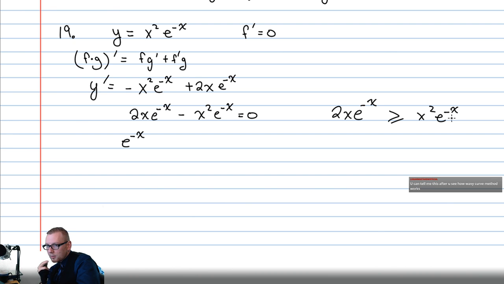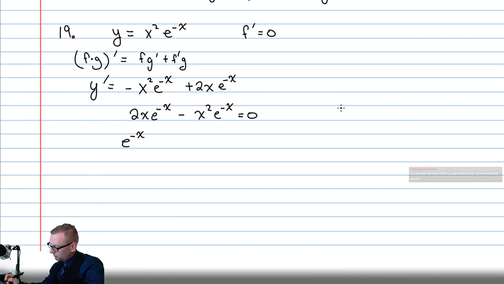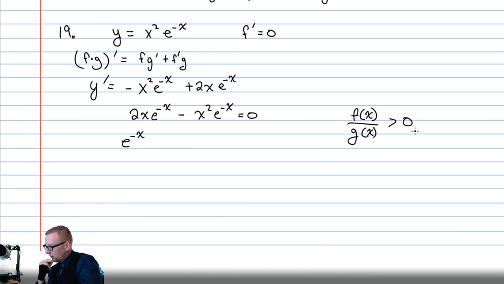But that method is just for inequalities of that form, though, right? Where it's f of x over g of x is greater than 0. We don't have that form, right?